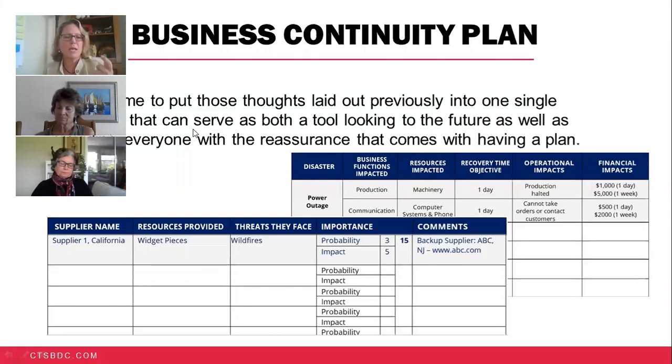You'll want to get a 2-inch binder. And if you are a manufacturing company, you'll want to get a 3-inch binder. I'm not joking. And you'll want to get at least 12 to 24 tabs.